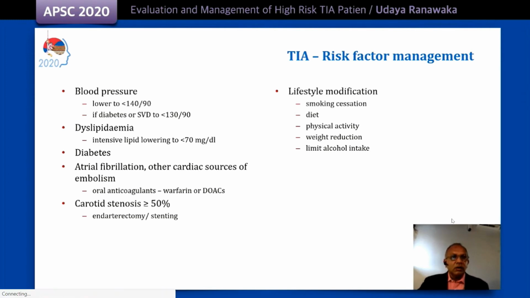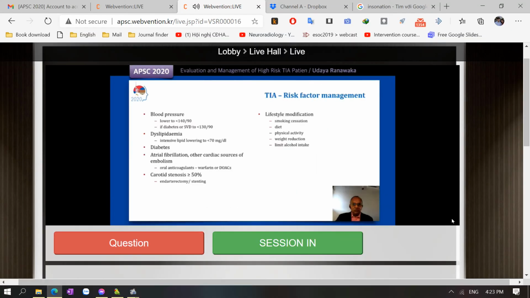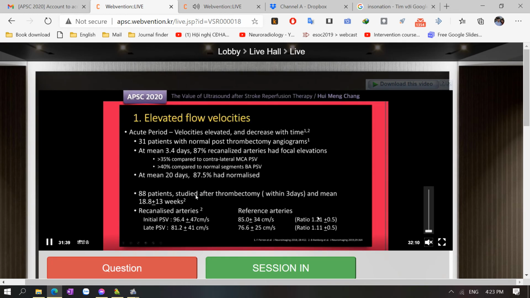We need to manage diabetes, consider oral anticoagulation when there's a cardiac source of embolism, warfarin or the newer oral anticoagulants, and refer for carotid endarterectomy or stenting when there's significant carotid artery stenosis. And we cannot forget the importance of lifestyle modification, looking after their diet, smoking, physical activity, weight reduction, and limiting alcohol intake.